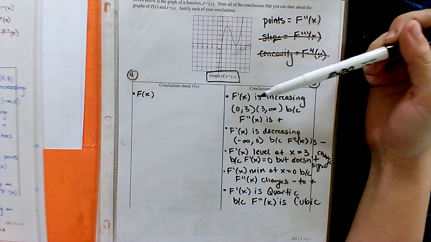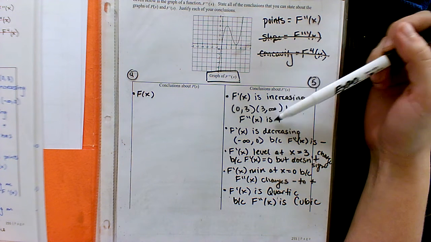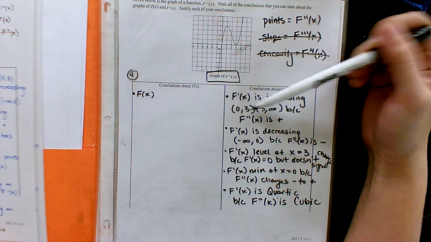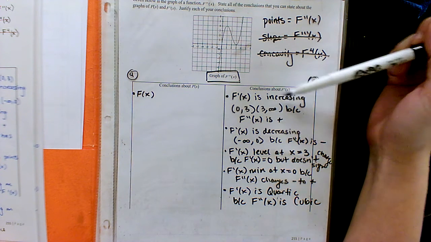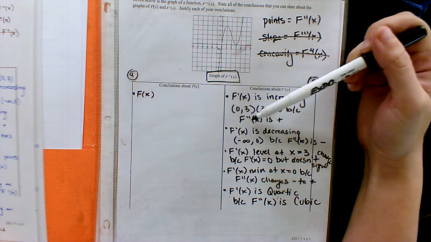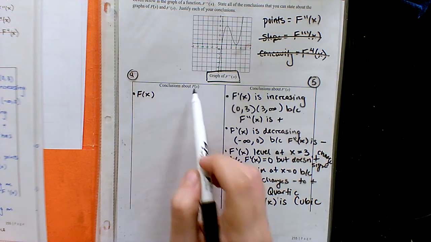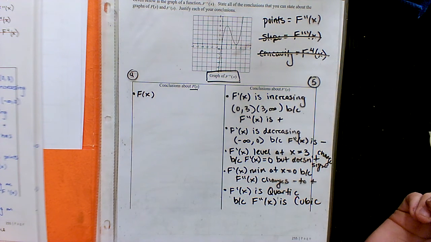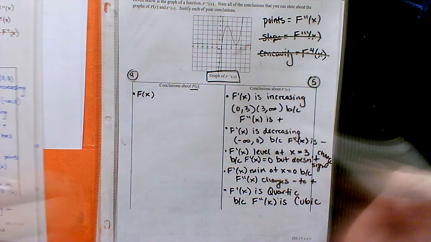Over here we said the second derivative is positive on these intervals. So that means the first derivative is increasing. But if the second derivative is positive, what does that tell us about f of x? Concave up.